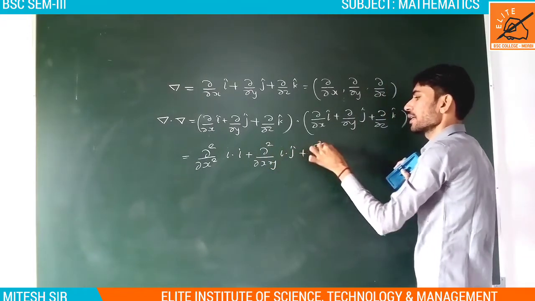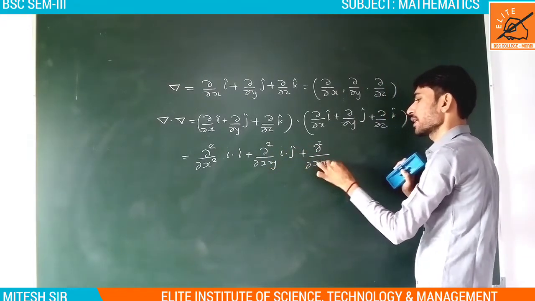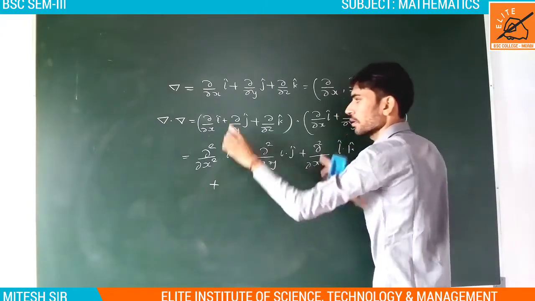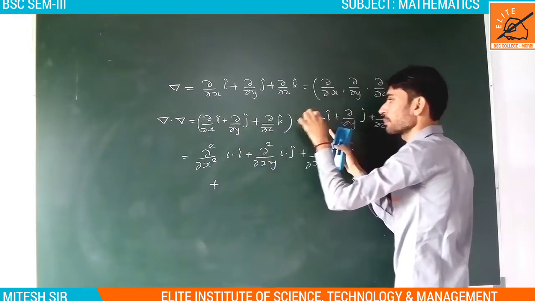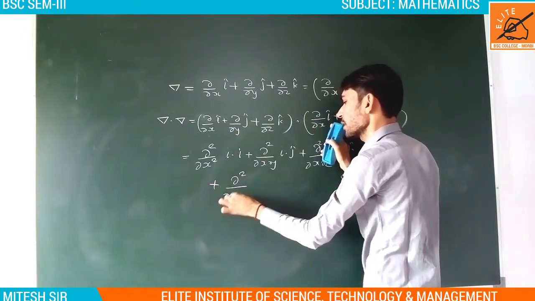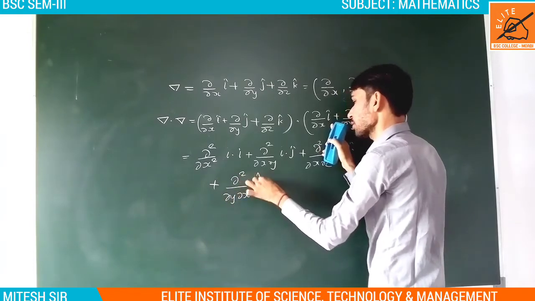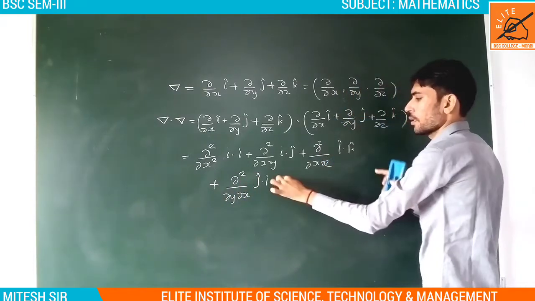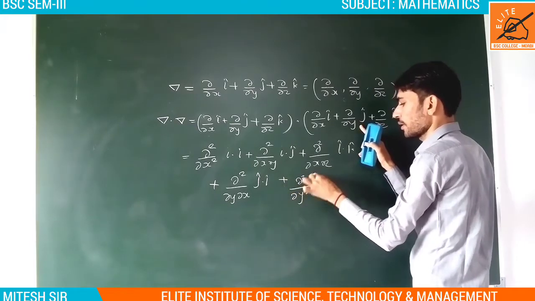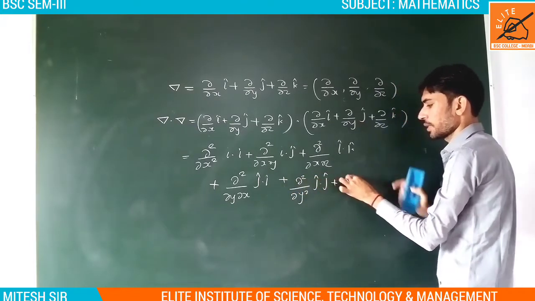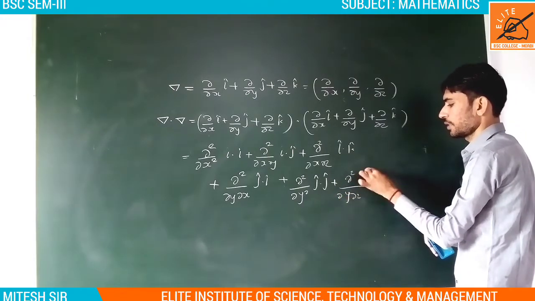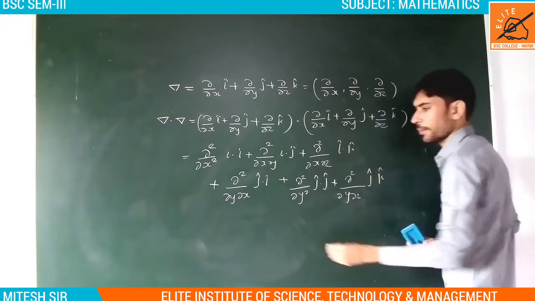Next term is del square upon del x del z into i dot k, plus del by del y into j cap multiplied with del by del x into i cap. That means here we write del square upon del y del x j dot i plus del square upon del y square j dot j plus del square upon del y del z j dot k.